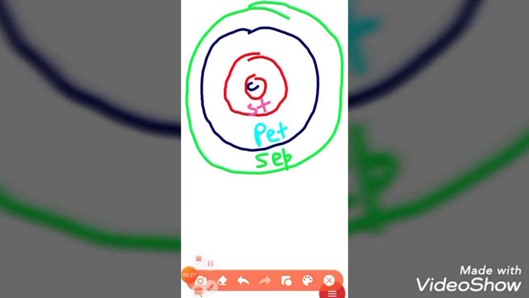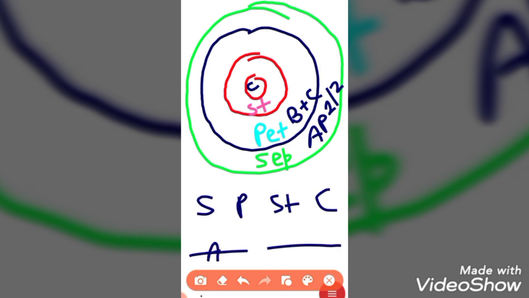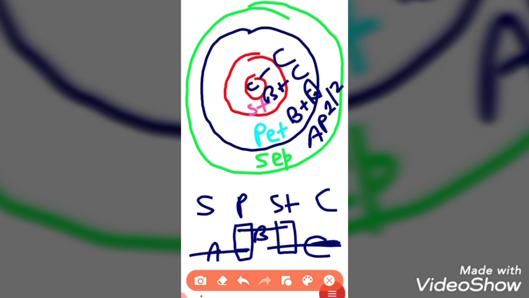We will again revise them. The sepal will form from the class A gene only, the Apetala 1 and Apetala 2. The petals will form from the class A plus class B genes, because we were writing sepal, petal, stamen, carpel, with class A, class B and class C. So this region, petal, has the overlapping region of A and B. Stamen has the overlapping region of B and C. So stamen will form from B plus C and the carpels will form only from C. So Apetala 1, Apetala 2, and then A plus B: Apetala 2, Apetala 3, and the Pistillata.